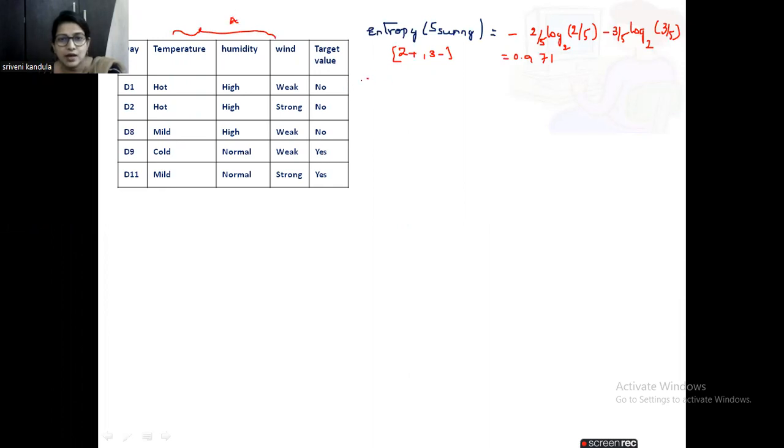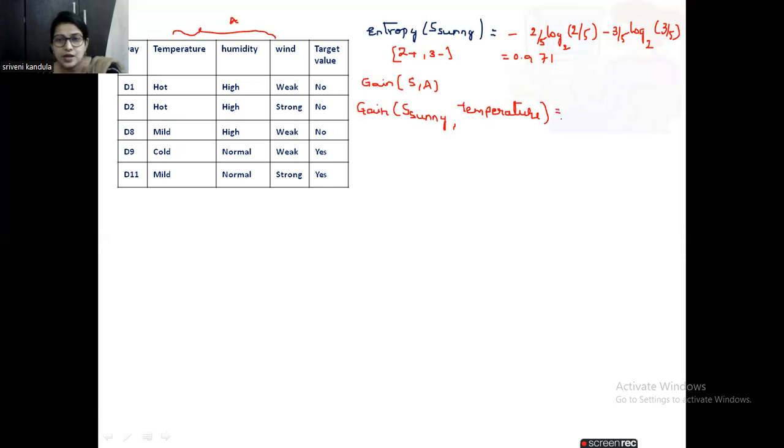So now I should calculate gain of S comma A. Here S is S sunny. So I should calculate gain of S sunny and the first attribute, that is temperature.